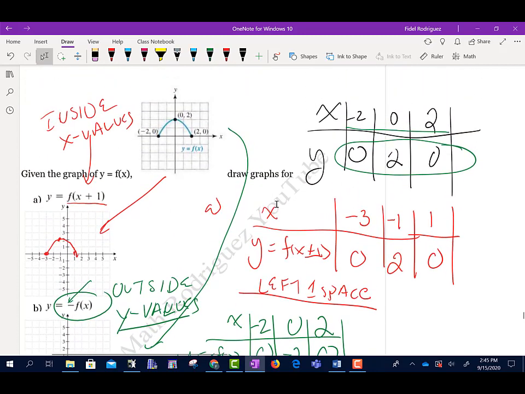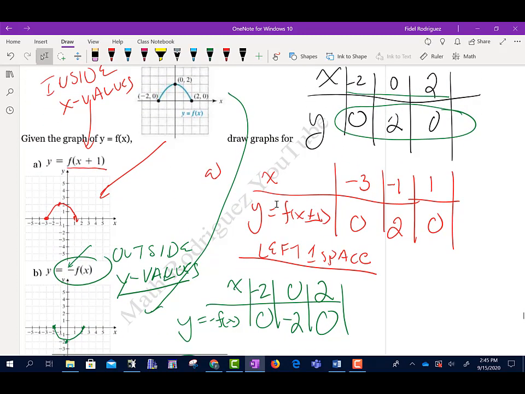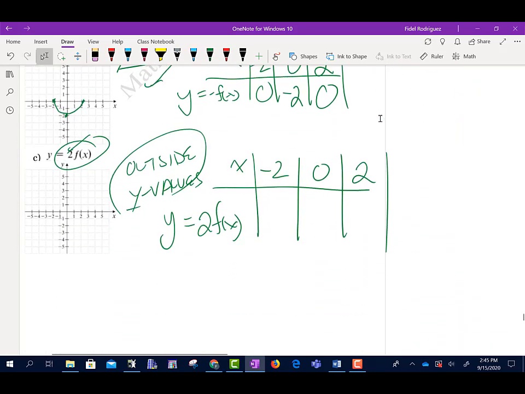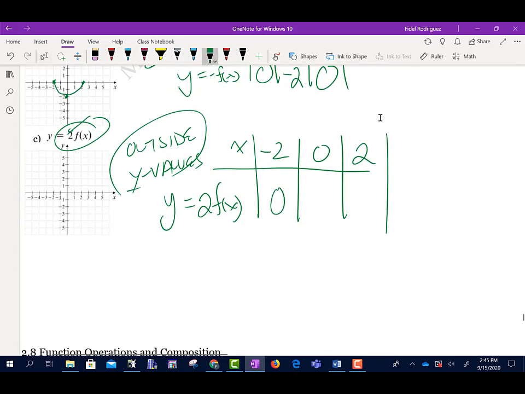I'm going to take these y values and multiply each of them by 2. So I'm going to take each of these numbers here and double them. So 0, 2, 0 should be 0, 4, 0. So negative 2 and 0 is right here. 0 and 4 is 0. 2 and 0 is right there. And there's my graph.